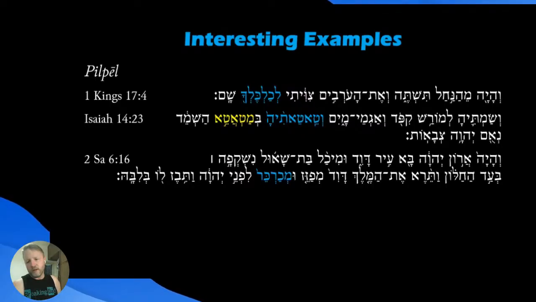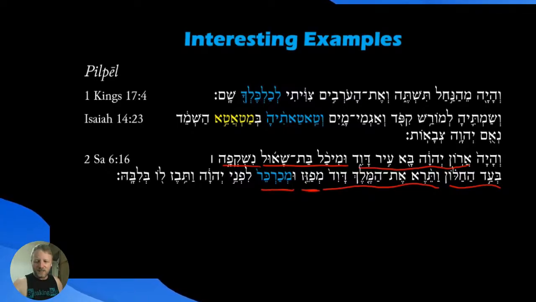So it will happen: the Ark of the Lord coming to the city of David, and Michal, the daughter of Saul, was watching through a window, and she saw King David. Mefazez u'mecharker, this is like dancing around before the Lord, and she despised him in her heart.